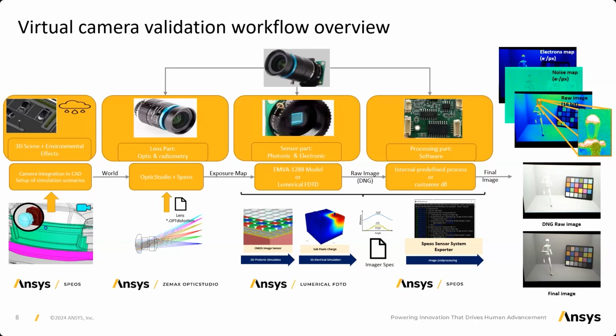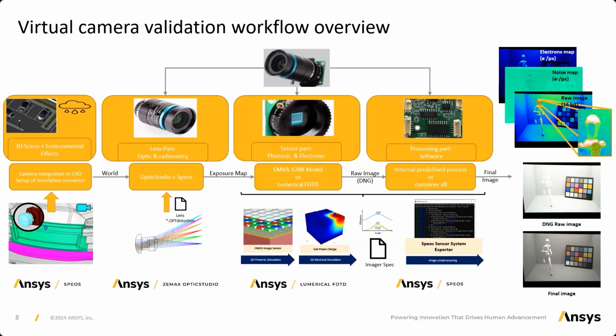From this virtual acquisition, we need then to convert the received signal, photons into electrons, electrons into a digital signal, and eventually this digital signal can be processed, developed using the processing parts of the software. So everything can be done using the different tools provided by Ansys along the chain.